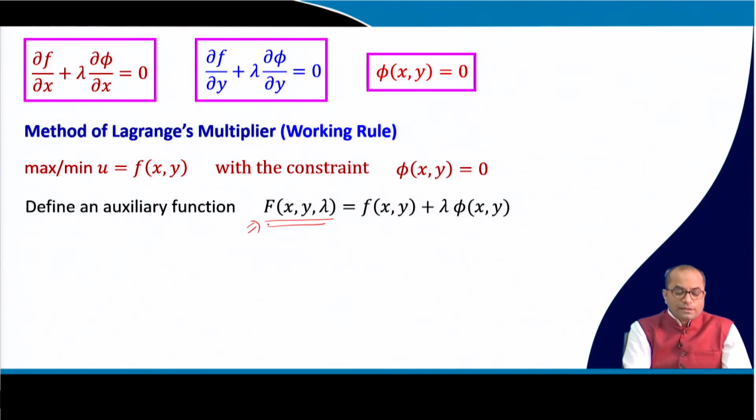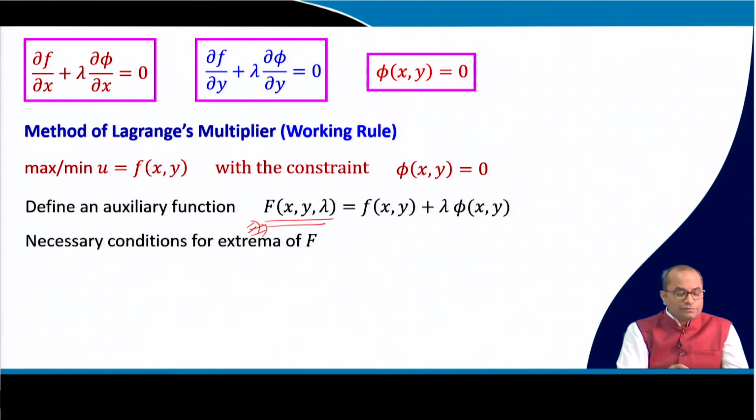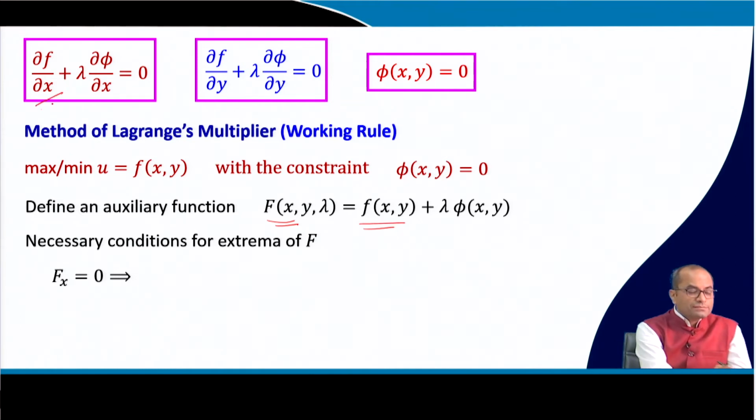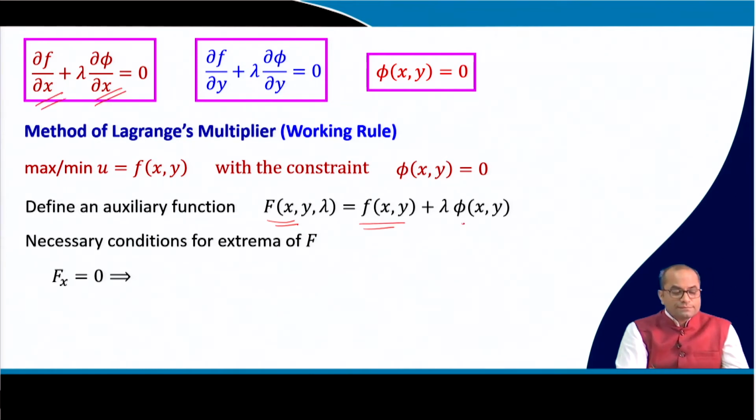If we apply those necessary conditions for extremum, what will we get? F x is equal to 0, the partial derivative of this F with respect to x. So, what will we get here? f x plus lambda phi x is equal to 0.